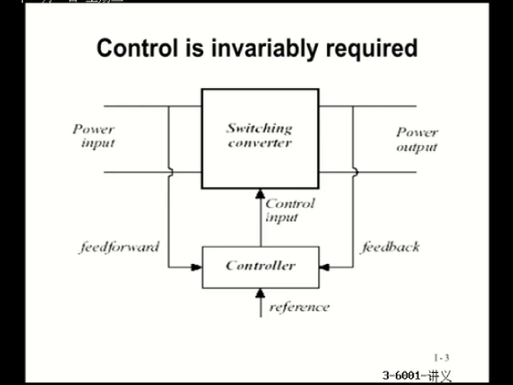So the controller is really taking commanding signal and then sends out the control signal to the power converter main stage or main circuit, so that the main circuit will be operating following the commanding signal.